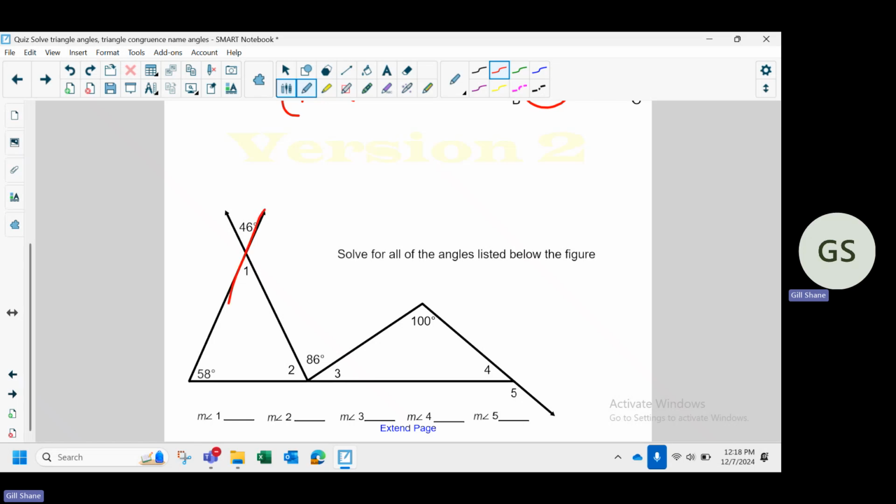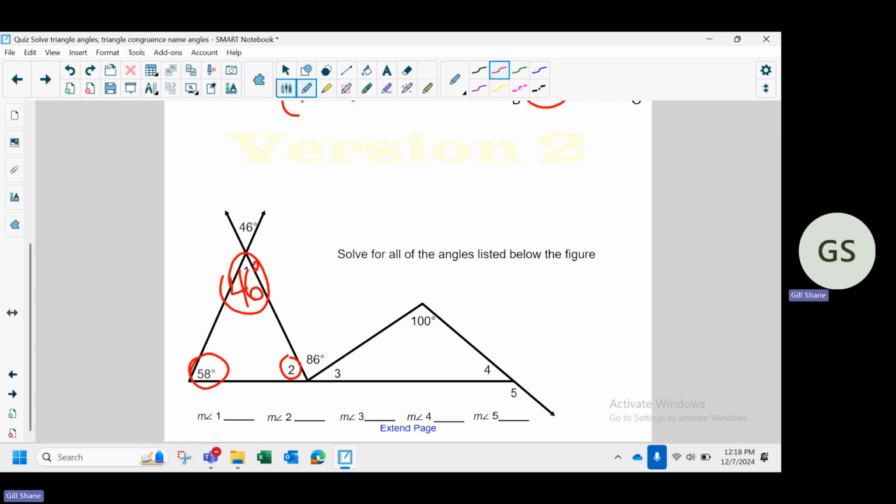So again, concept 1, vertical angles. So that means angle 1 is 46 degrees. So if I write in 46 degrees here, now I can see that I have 2 interior angles and I'm only missing that angle.